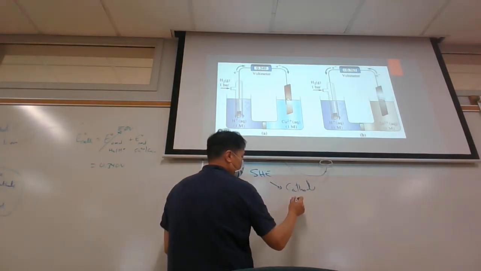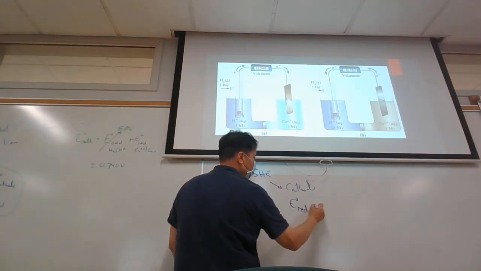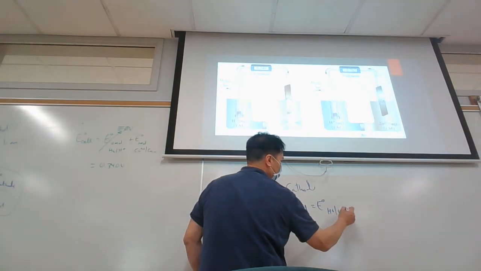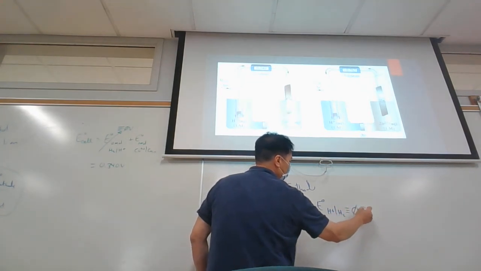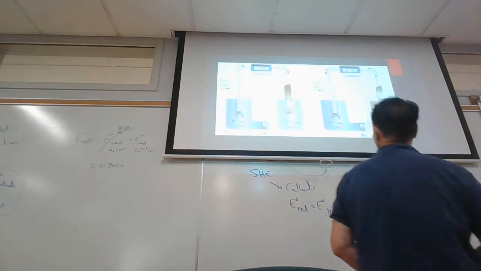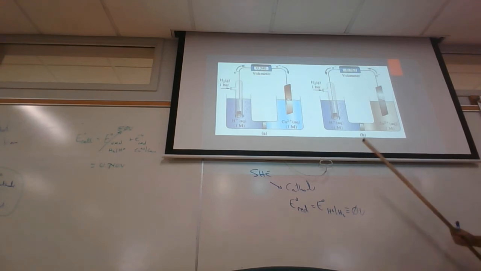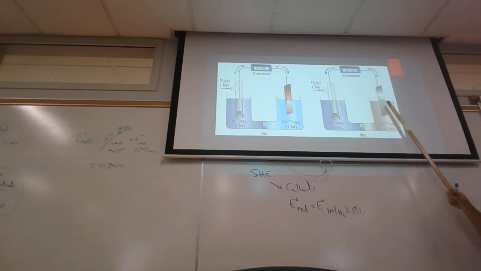And E naught of the reduction potential, E naught of H plus goes to H2, is going to be defined as 0 volts. And therefore, this cell potential here is just going to be due to the zinc. And so the zinc has a reduction potential of 0.763 because it should be oxidized in this case, but it's okay.